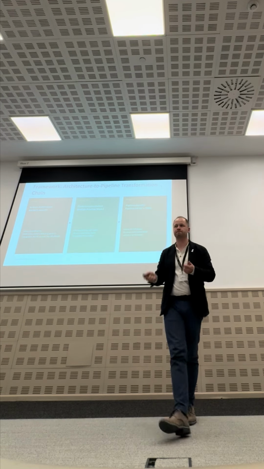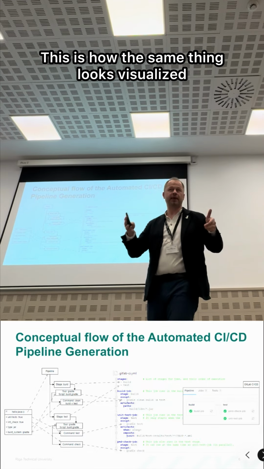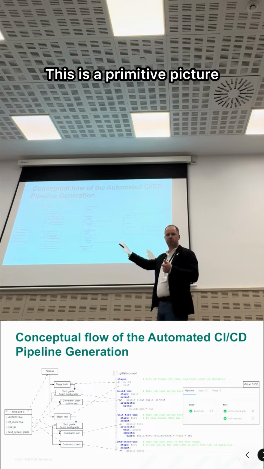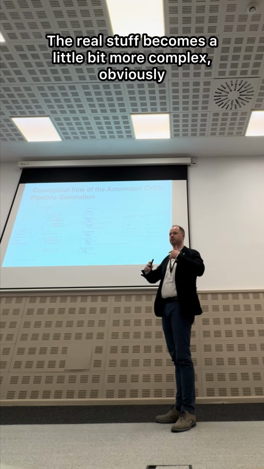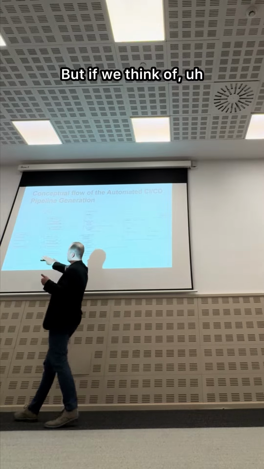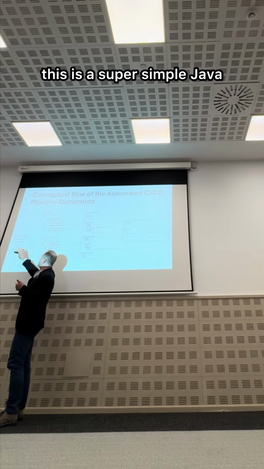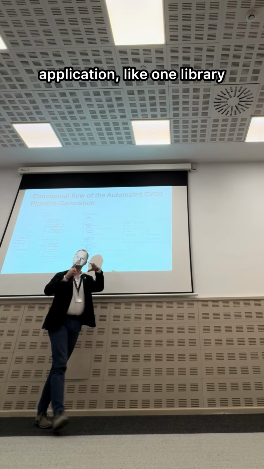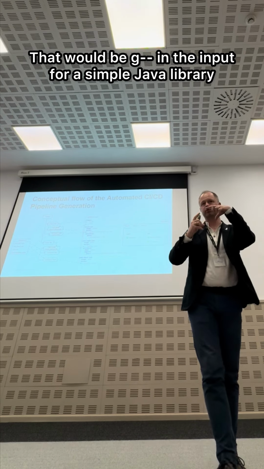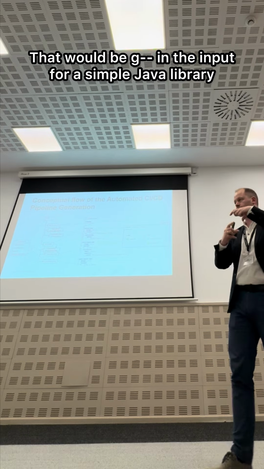This is how the same thing looks visualized. This is a primitive picture. The real stuff becomes a little bit more complex, obviously. But this is a super simple Java application, like one library. That would be the input for a simple Java library.